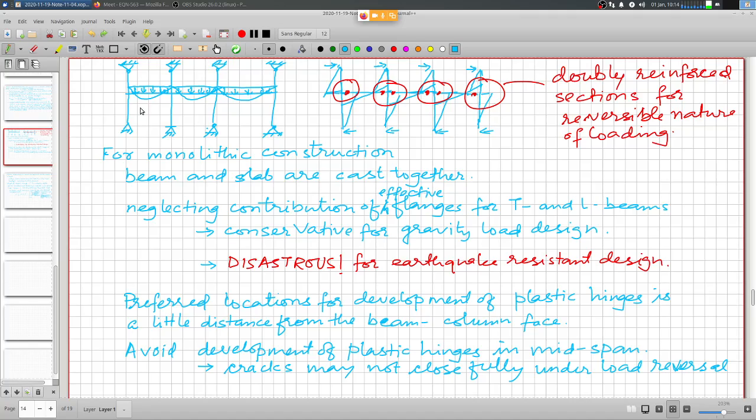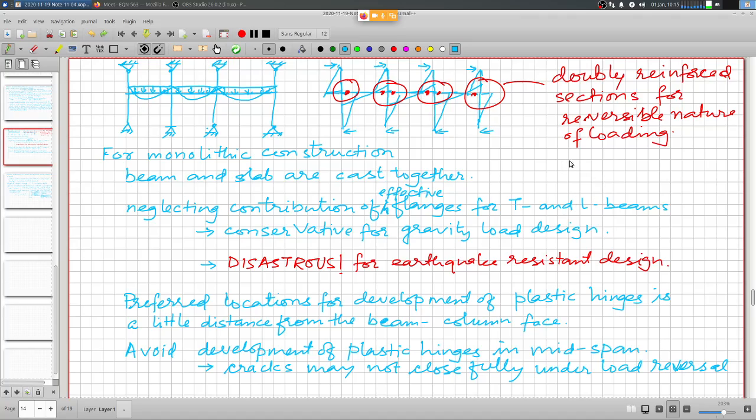And as far as possible, it should be adhered to. We should always strive for avoiding beam width exceeding the column widths, right?